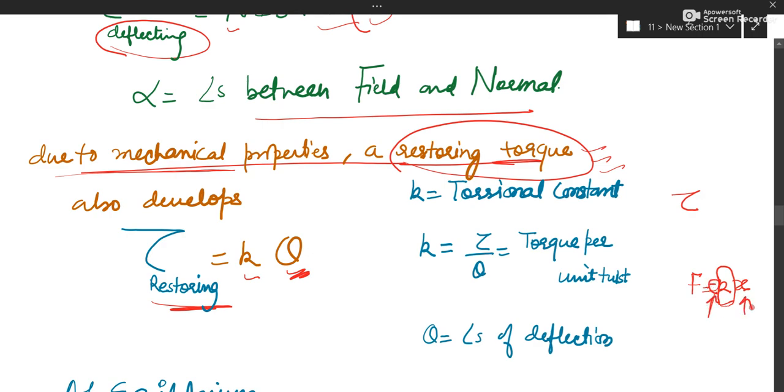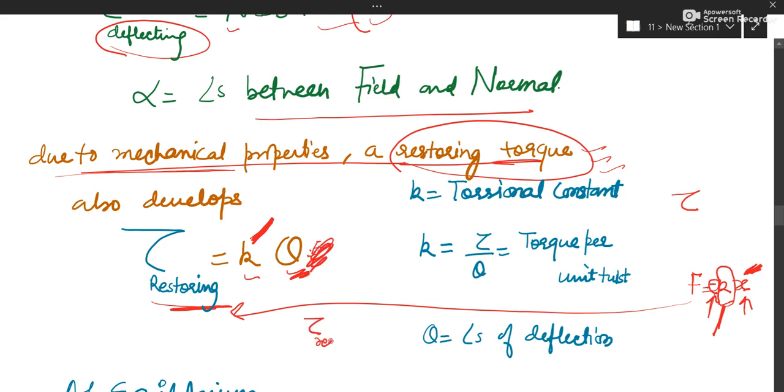This is displacement. Similarly, the rotational analog of force is torque. This K is the spring constant, this K is the torsional constant, the torque constant. This is linear displacement, this is angular displacement, that is angle theta. So restoring torque is equal to torsional constant into angle.